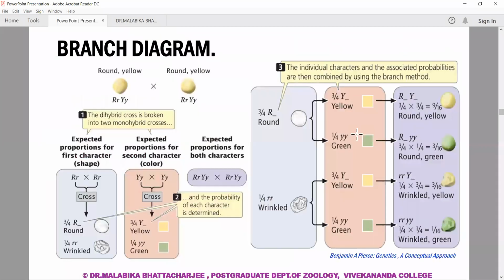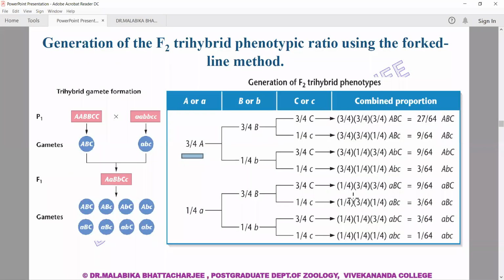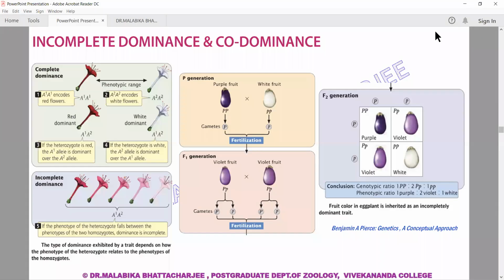So this is the traditional, mathematical way by which the probabilities of how many plants will come up, and in what ratio proportions they will be obtained, is calculated. So we got the basic concept of how to do a trihybrid cross, and the basic concept of dominance and recessive from the Mendelian experiments.